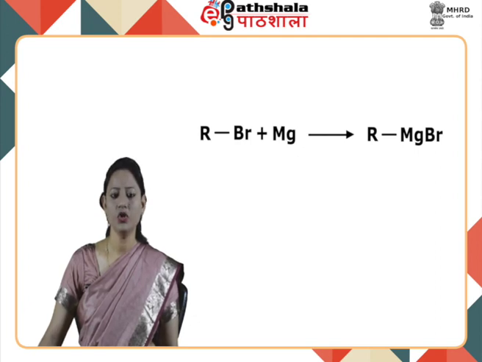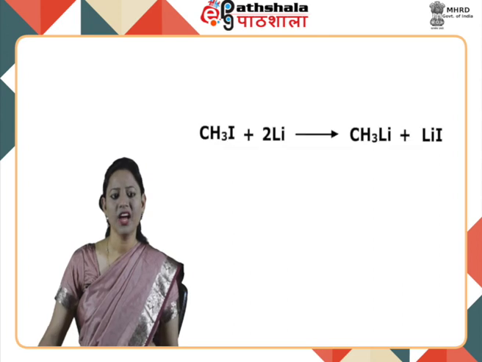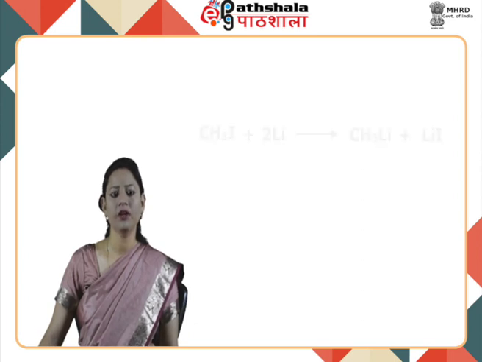Magnesium being electropositive acquires partial positive charge and consequently the alkyl group carries a negative charge, thus acts like a carbanion. Reaction of alkyl halides with lithium also forms alkyl lithium with negative charge on carbon.